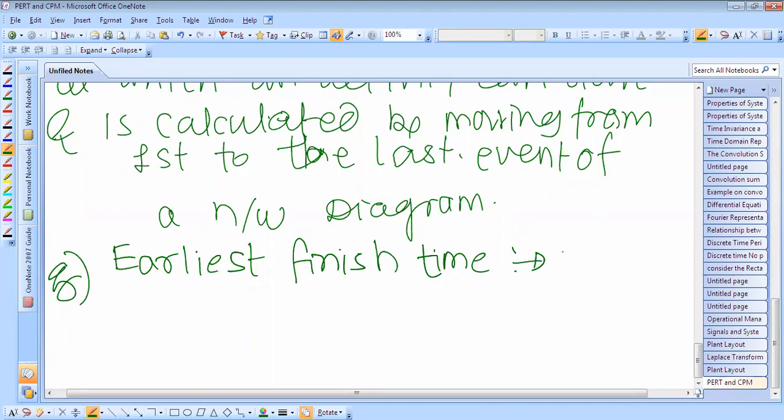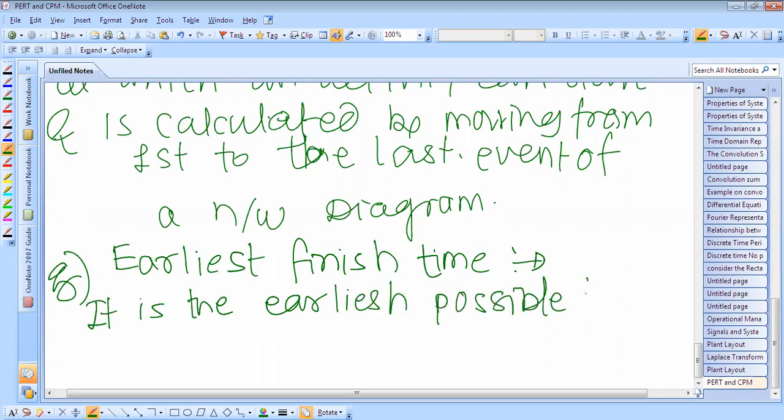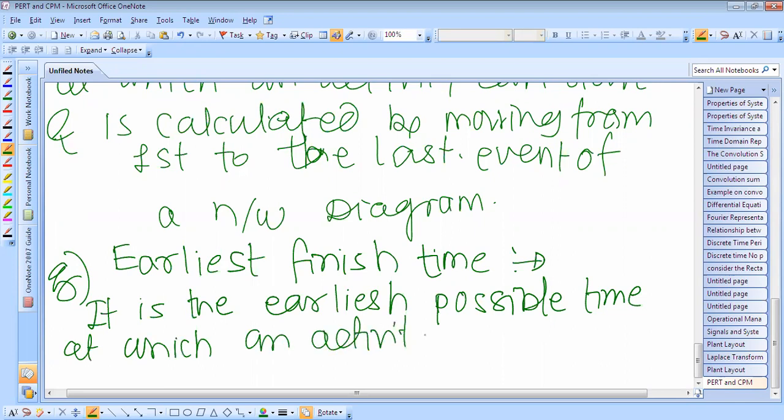It is the earliest possible time at which an activity can finish.